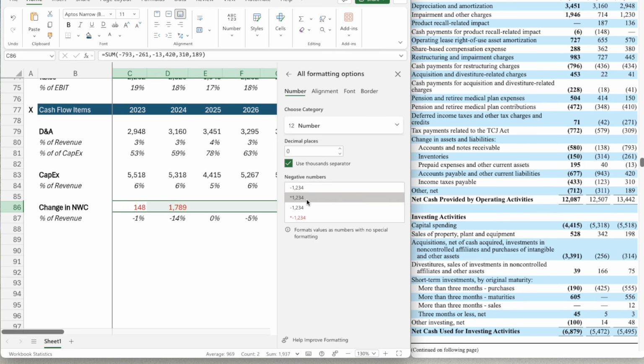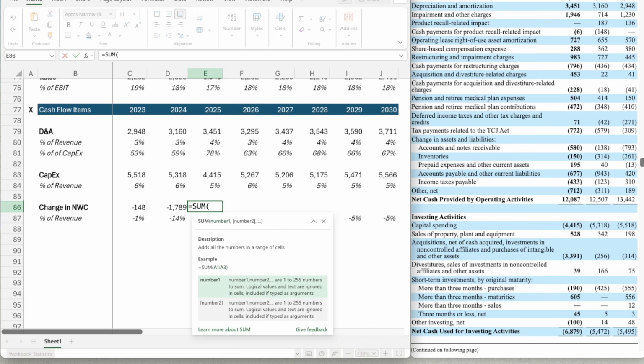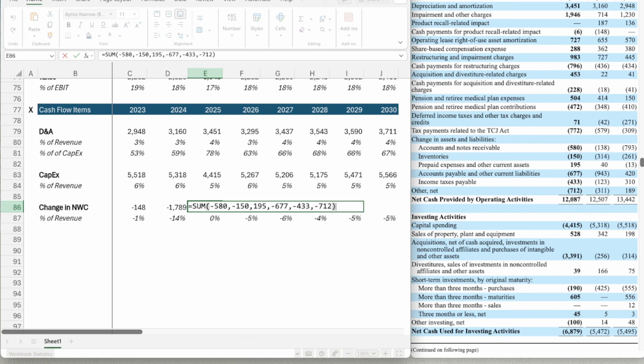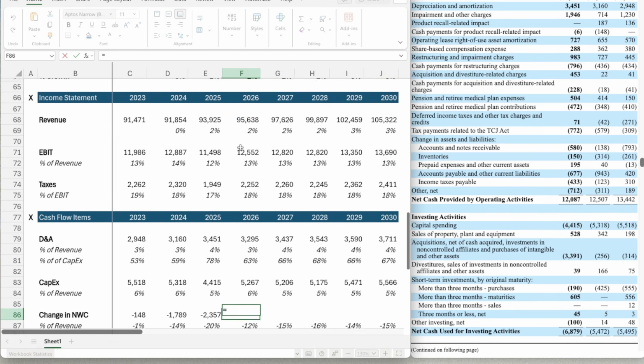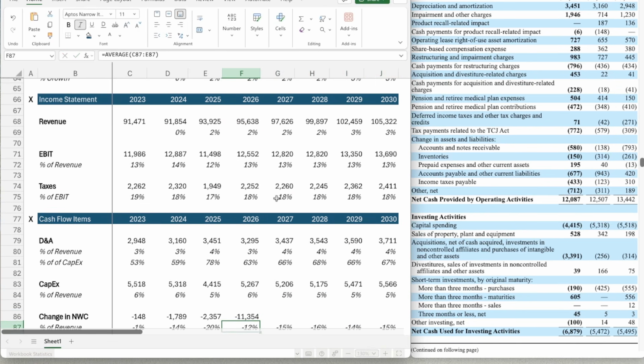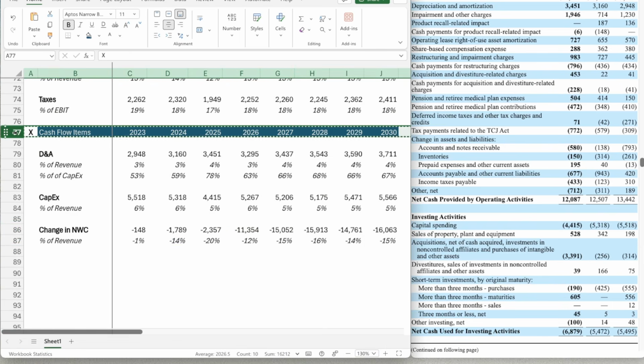It doesn't let us do it in brackets. Keep it like this. It's not as aesthetically pleasing, but negative 580, negative 10, negative 7, negative 3, 7, 1. Okay, those are the cash flow items.